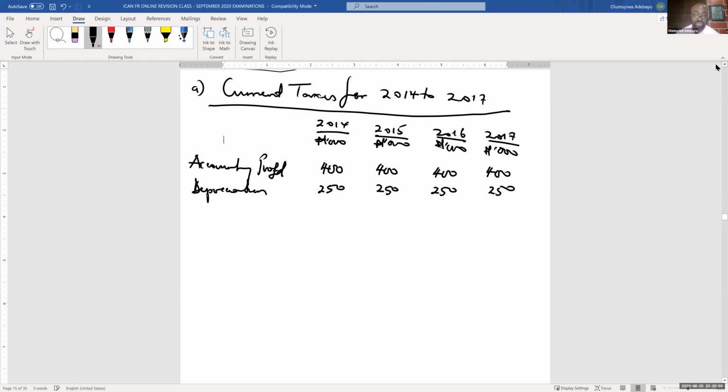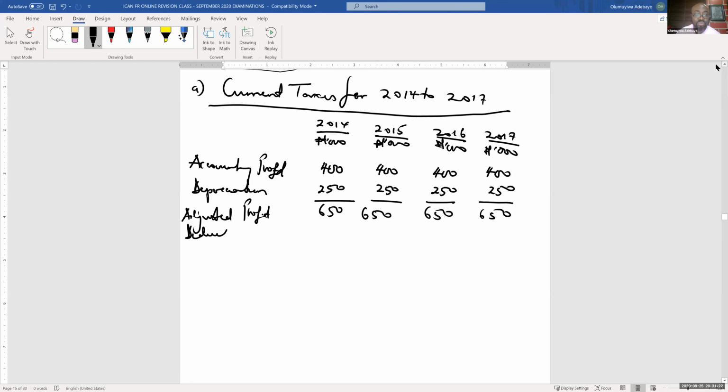It wouldn't be 250 across the board. But because it's straight line depreciation, the value remains the same. Now, what is my adjusted profit? My adjusted profit is 650 across the board on the premise that my accounting profit remains the same over a period of 4 years.